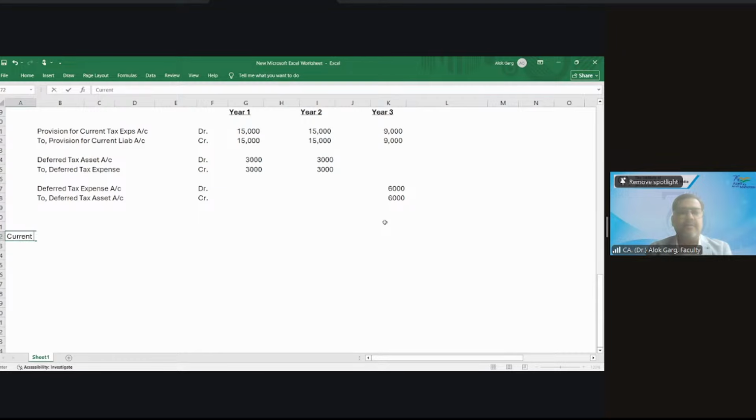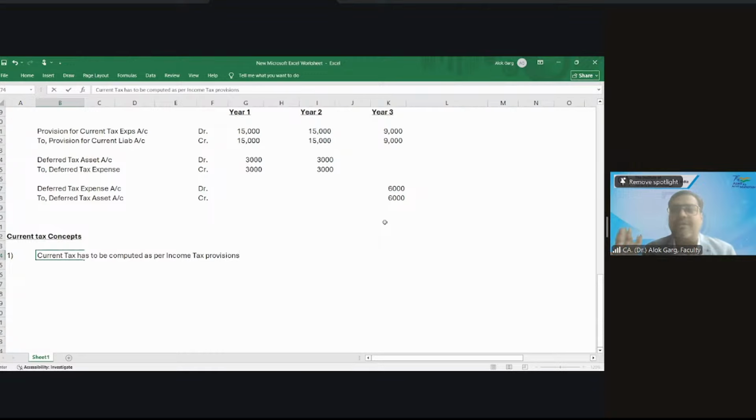So friends, current tax concepts. Number one, current tax has to be computed as per income tax provisions. As per income tax provisions means whatever your question will tell you. If the question says that provision for gratuity is allowed at the rate of 50% every year under the Income Tax Act, then please do 50%.